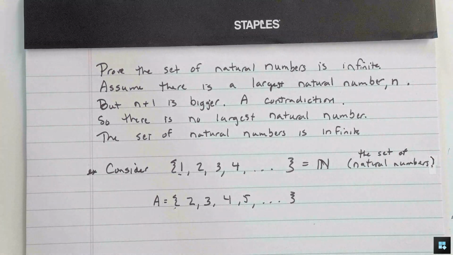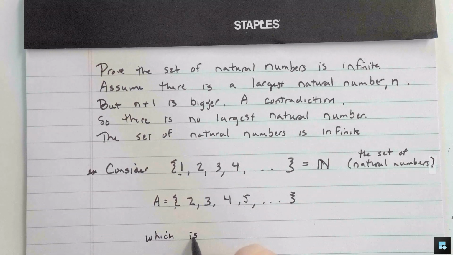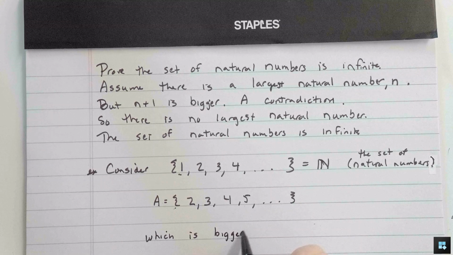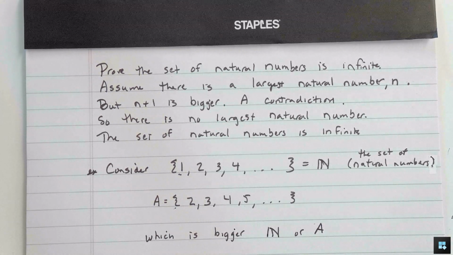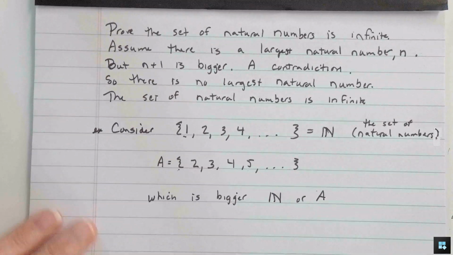Well, I have to ask you, which is bigger? The first one, N or A? The first one is bigger because I took the 1 out. So the second set doesn't have a 1 in it.